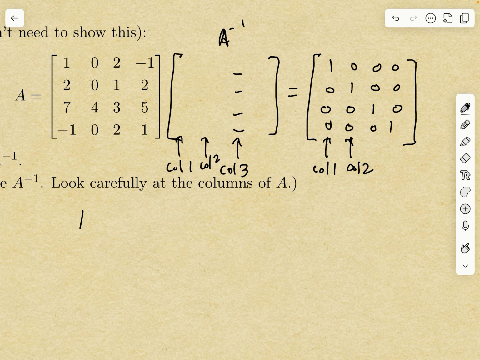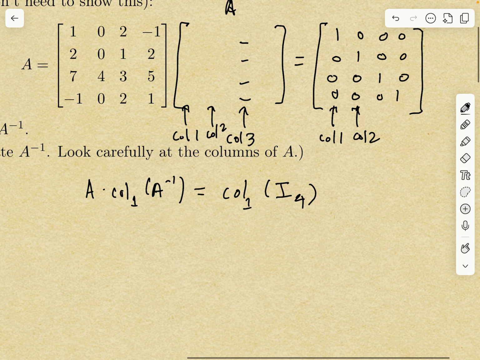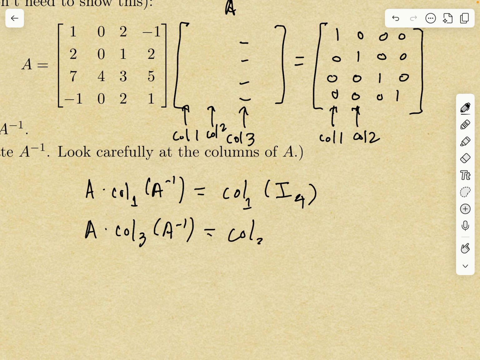So A times column 1 of A inverse is the first column of the identity matrix, the 4 by 4 identity matrix, and so on. So A times the third column of A inverse is going to be the third column of the identity matrix. And we're looking for the third column of A inverse.